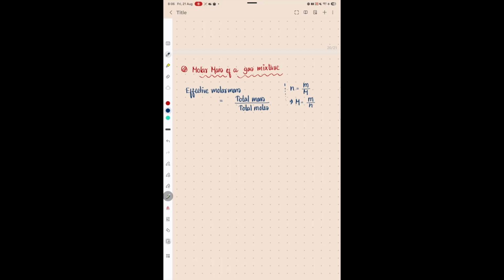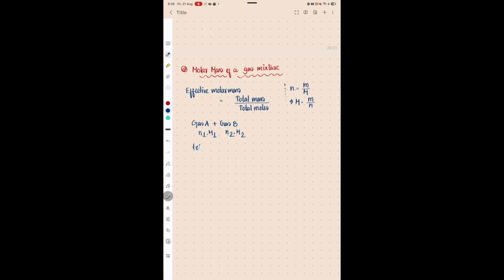So how do we find total mass? So let's say I have a two component system which is made by gas A plus gas B. Gas 1 has n1 moles, gas 2 has n2 moles, with molar mass M1 and molar mass M2, right?